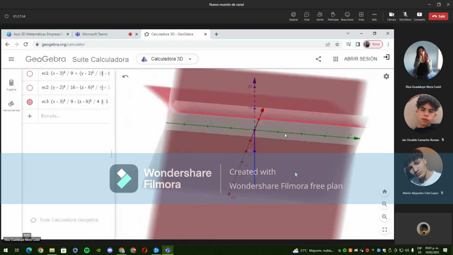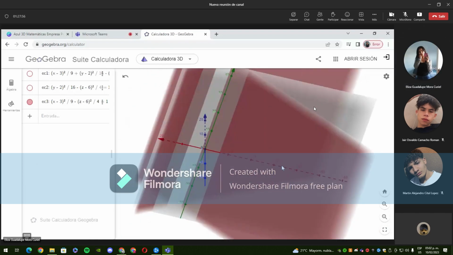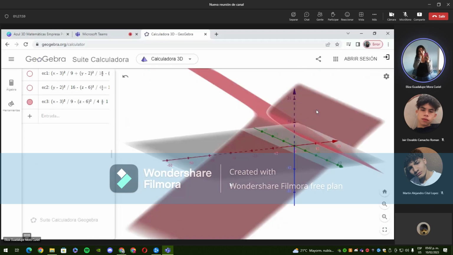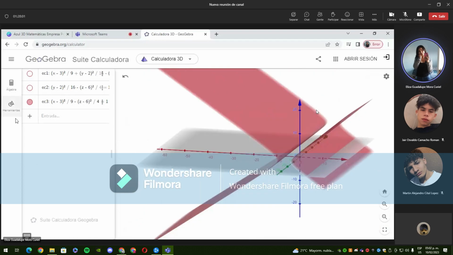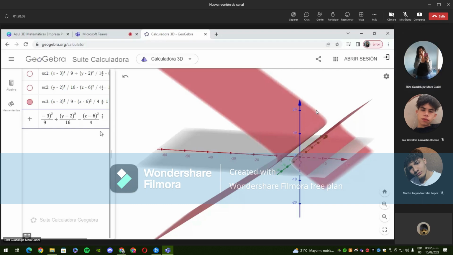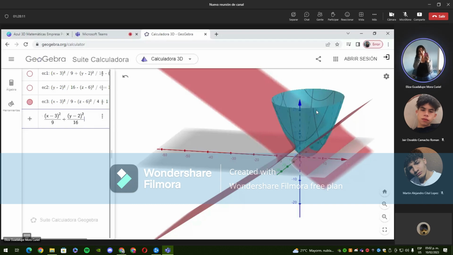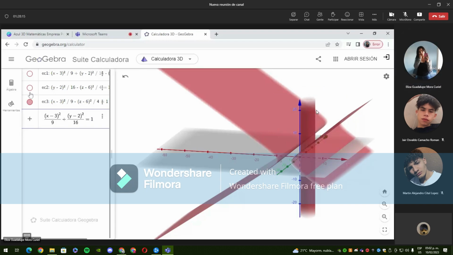Finally, we are going to eliminate the last variable, that is z, equal to 1. And we have a different shape.